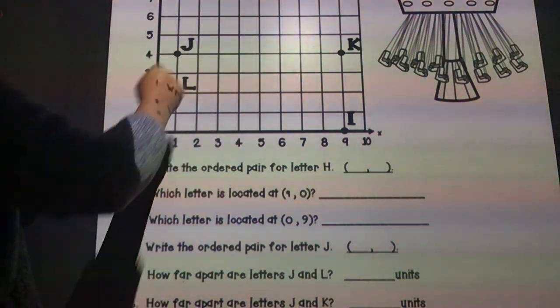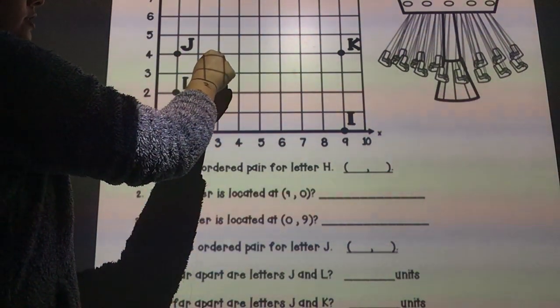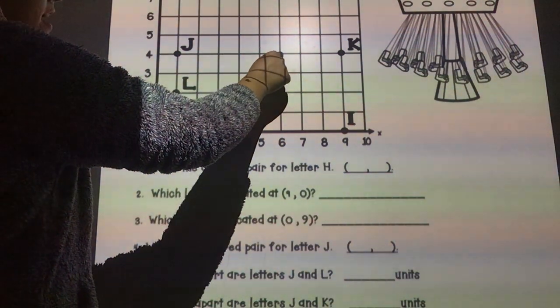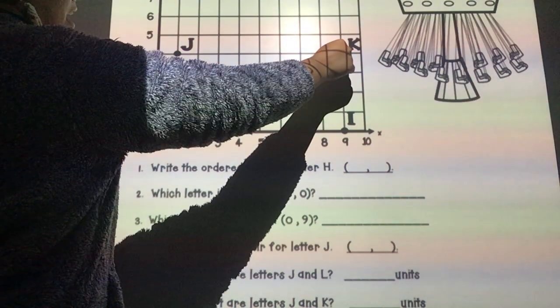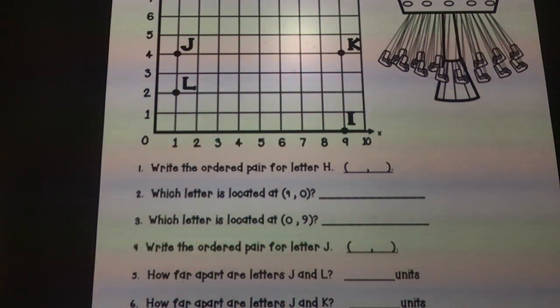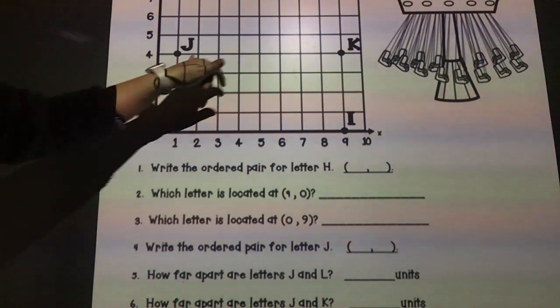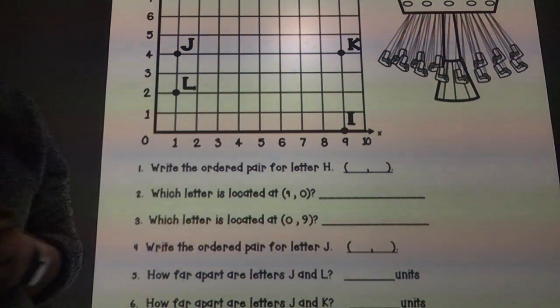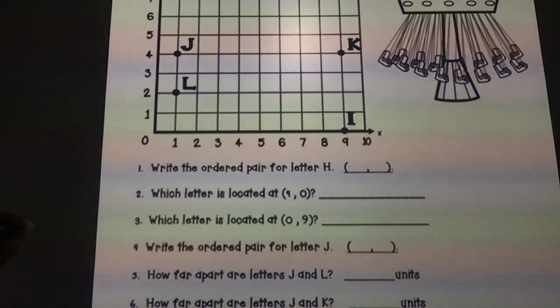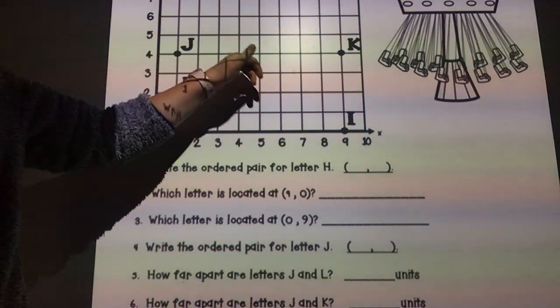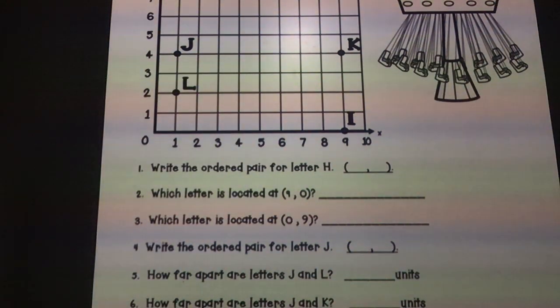Now let's actually count it and see. 1, 2, 3, 4, 5, 6, 7, 8. Both methods got us the same answer. It is your preference. I recommend actually doing both: if you like counting, then use your equation to check it. Or if you like the equation, use your equation and then count to check it. So they are how many units apart? 8.